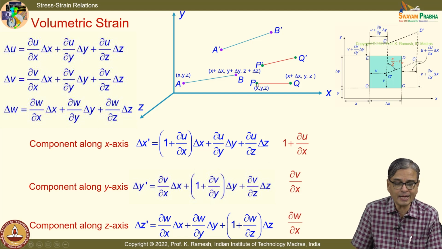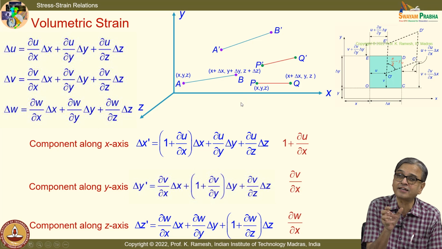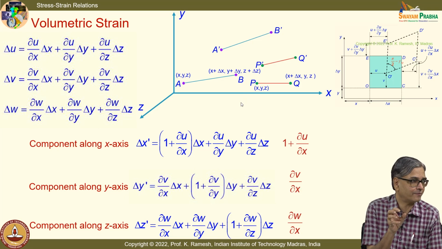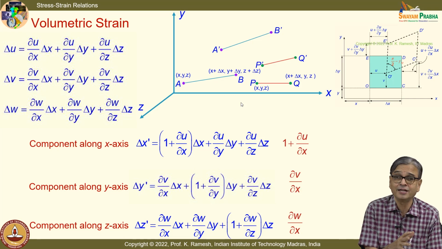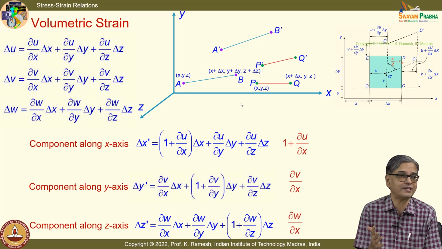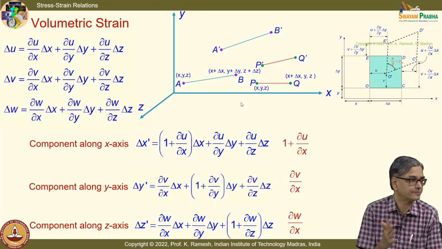Suppose I know what happens for a line parallel to x-axis. Now, I take a line parallel to y-axis and I take a line parallel to z-axis. I can construct an elemental cube. Is the idea clear? And I want to see what is the volume before deformation, what is the volume after the deformation. That is my interest.